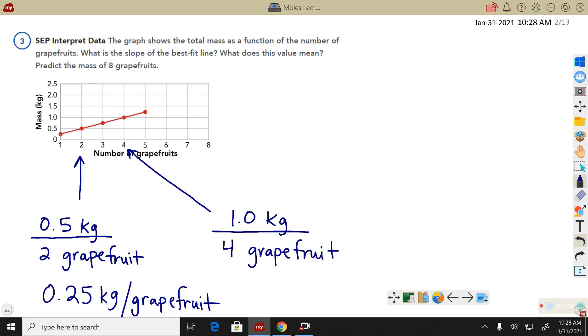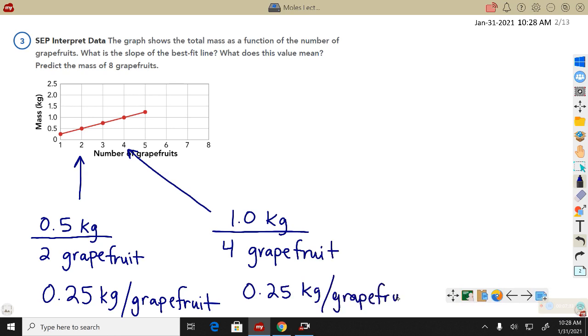Oh, well, what do you know? It's the same. 0.25 kilograms per grapefruit. It's constant, right? I can look at my graph and I do see that it's a constant slope. It's a nice straight line. Okay, so there's my slope, 0.25.